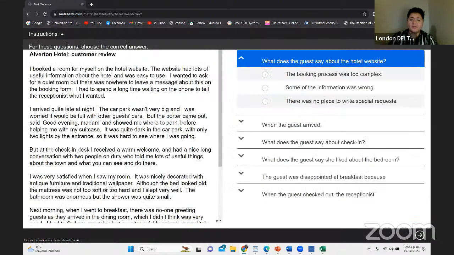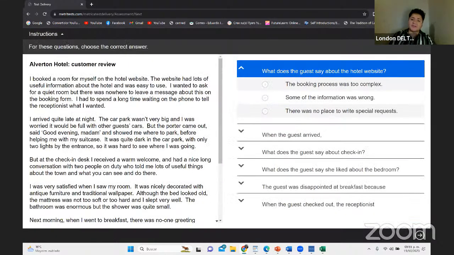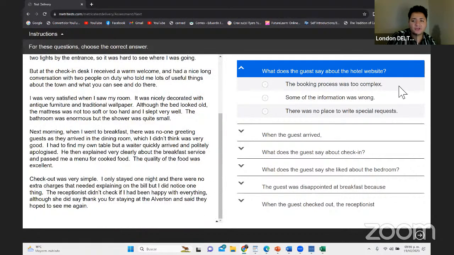Okay, now this is the last part of the reading and listening section. Here you have the classic text, with answers. This is to check your comprehension of the texts that you read. This is a long one, but don't worry, it's not going to be a very long text.